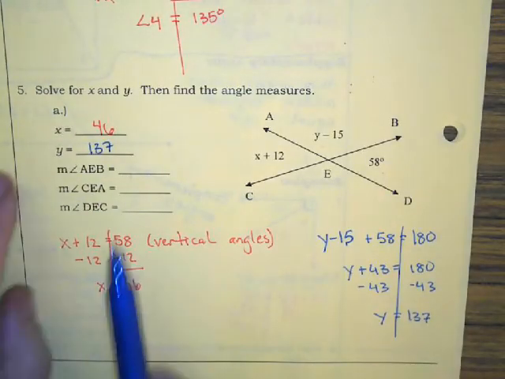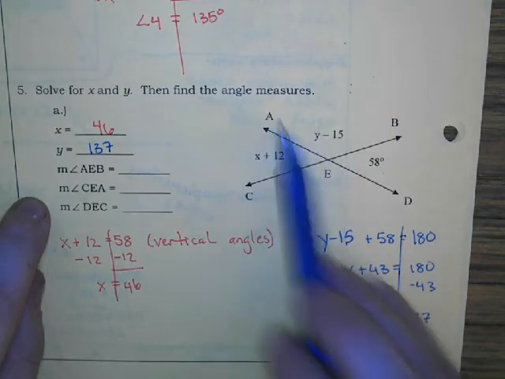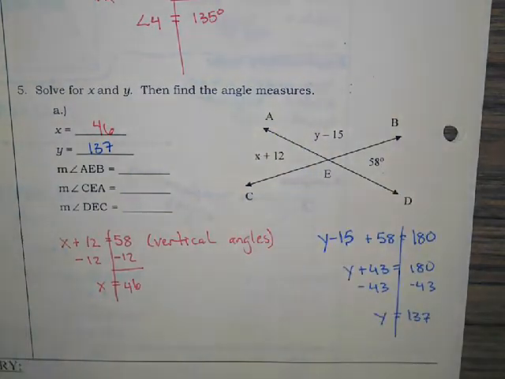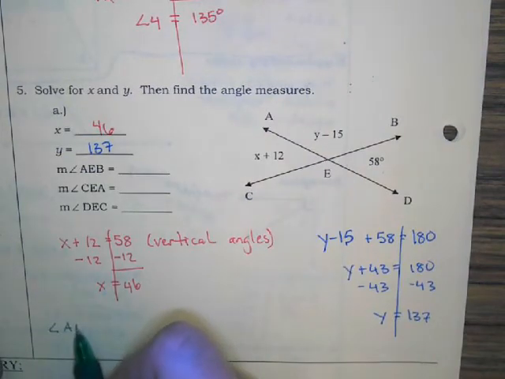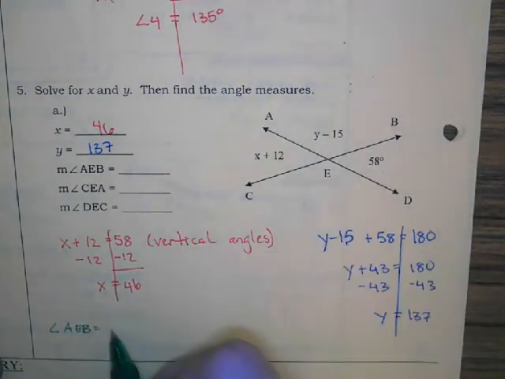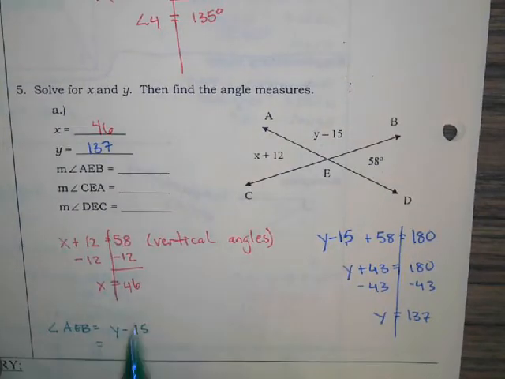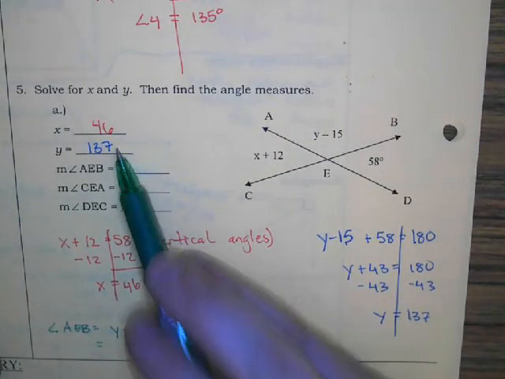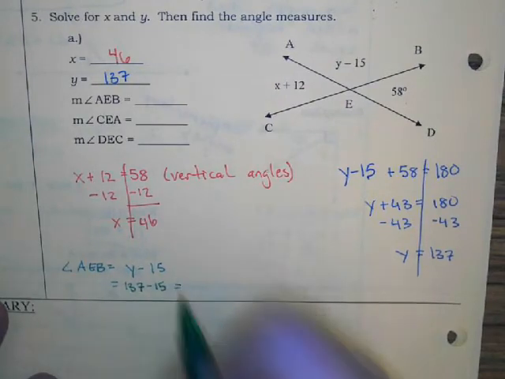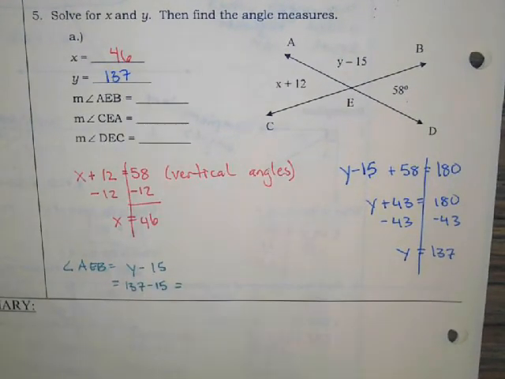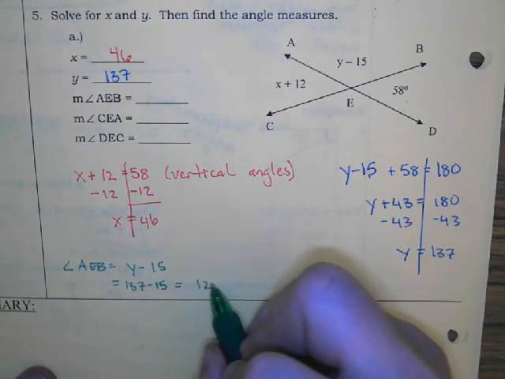Now we can just go through and figure out each angle by plugging in. So I know that angle AEB is equal to y minus 15. I plug in my y is 137, so I'll say 137 minus 15 is 122 degrees.